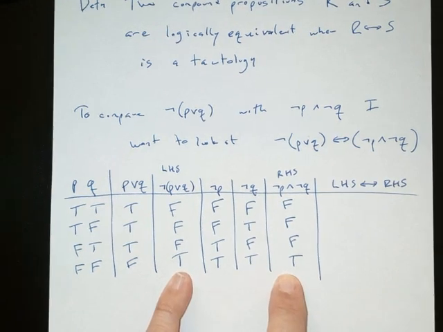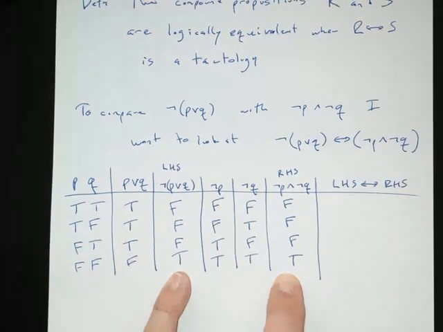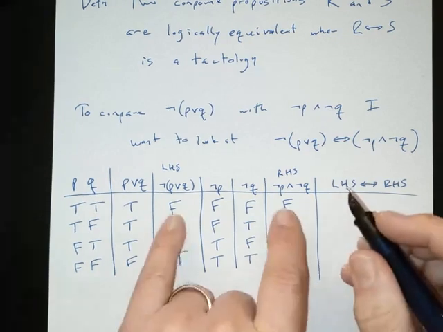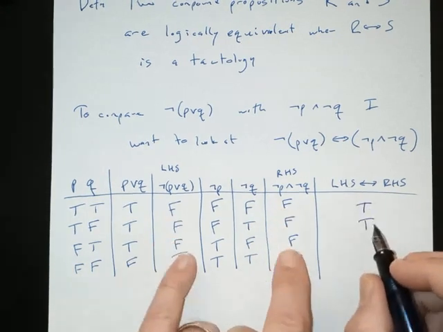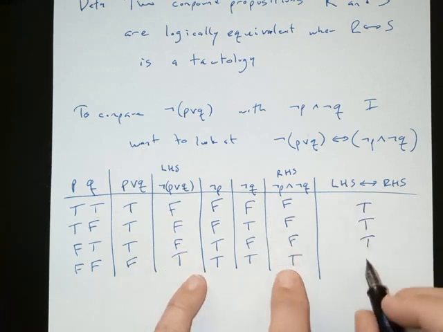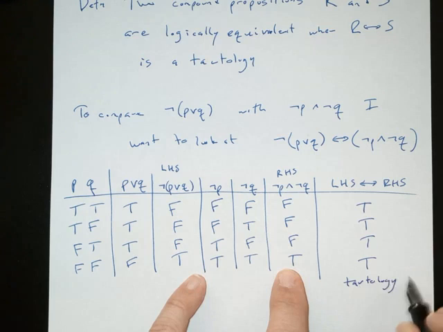So I need to go back to Friday, which is where we did if and only if. When is if and only if true? When is if and only if false? It's true when they're the same. They're the same here. They're the same here. They're the same here. They're the same here. This is a tautology.